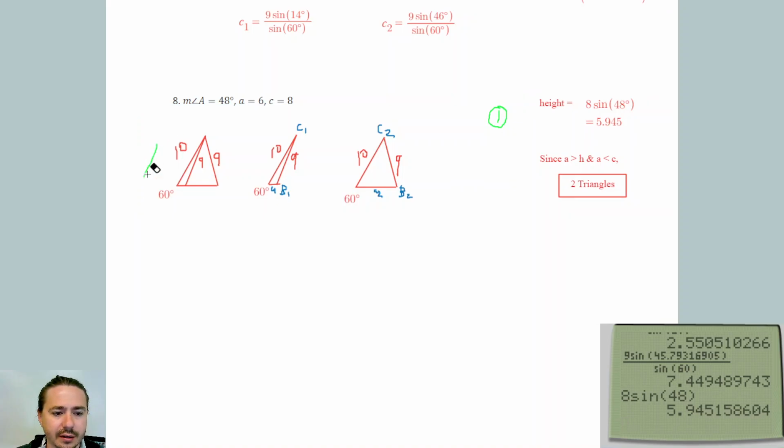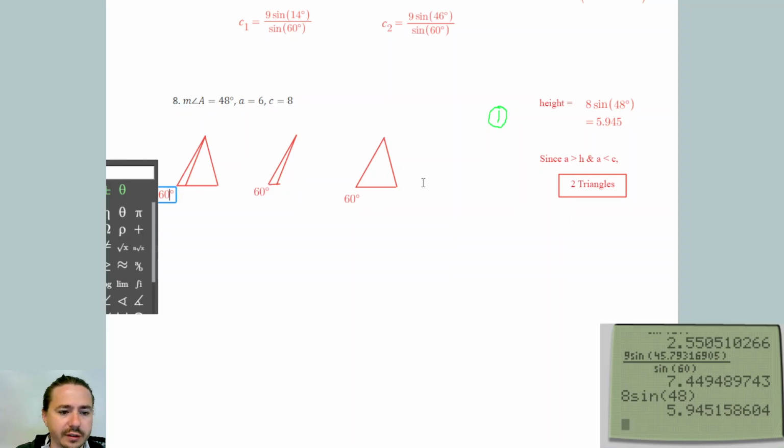So let's go ahead and erase these numbers from the last one. All right, so this angle down here is actually 48 this time. It's not 60. And that's going to be our angle A.